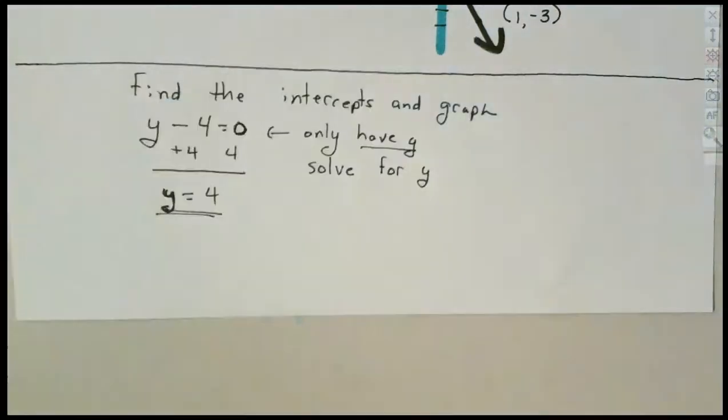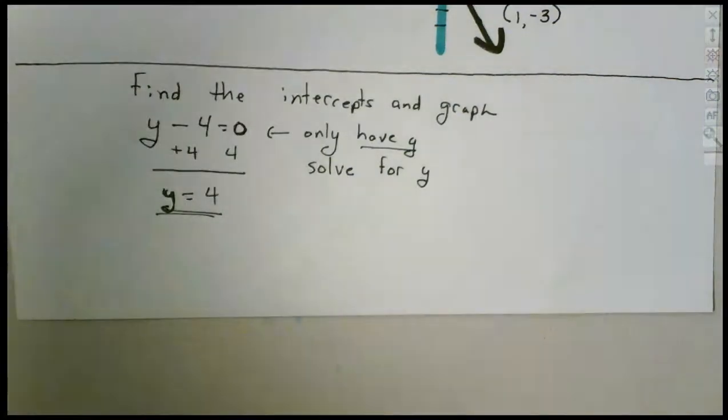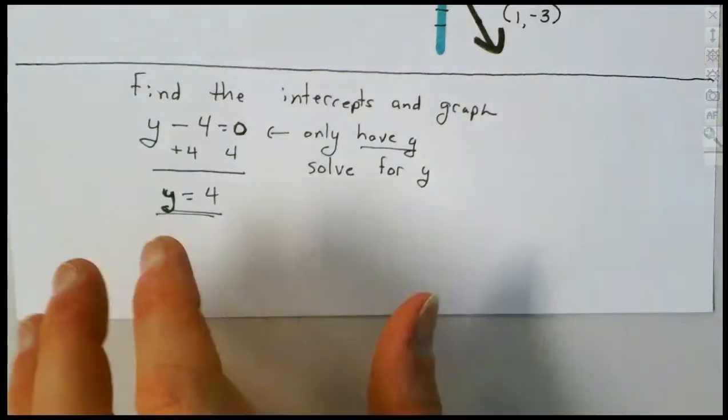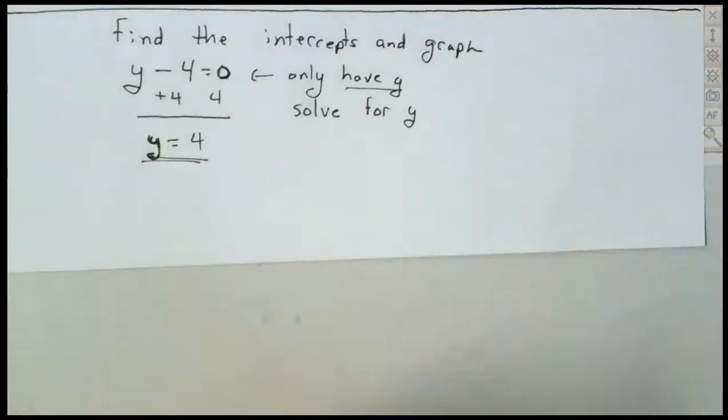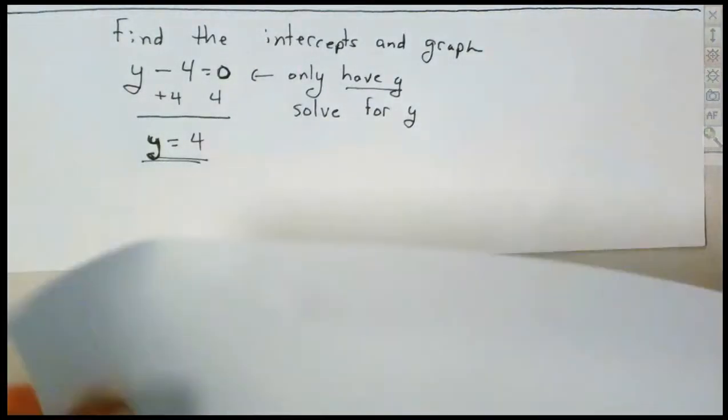Ours, what does ours look like here? Well, ours looks a little bit different. We've got the same type of question here. Ours is y equals 4. So let's graph this line, and then we'll find our intercepts. We're only going to have one of the intercepts. So if I was going to graph this line, we've got y equals 4.